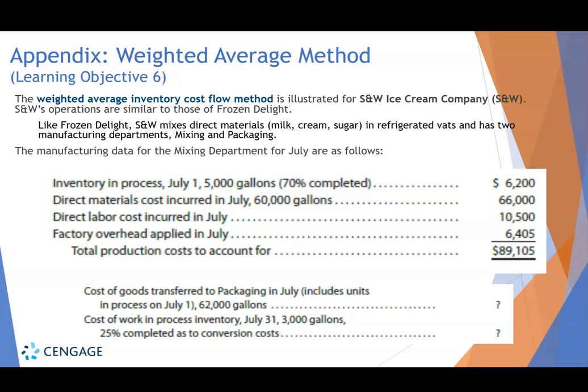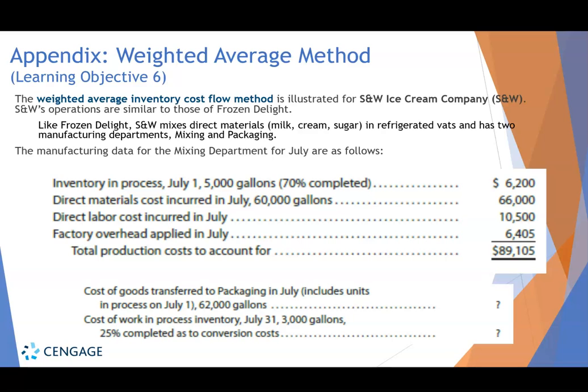The beginning inventory in process, 5,000 gallons, started the month 70% completed. And then direct materials were put in of 66,000. Direct labor, 10.5. Factory overhead applied, 6,405 for total costs to be accounted for during the month.